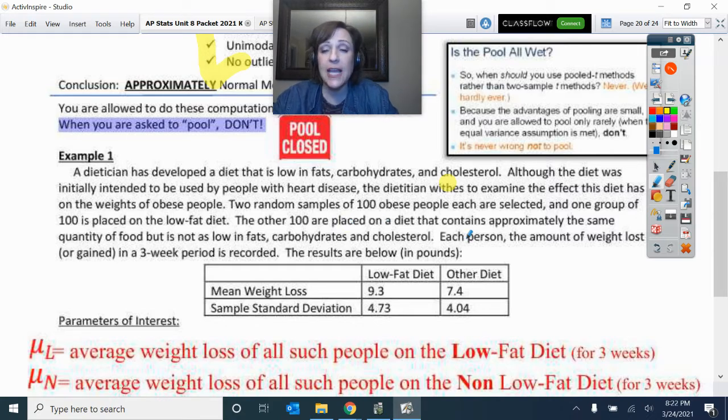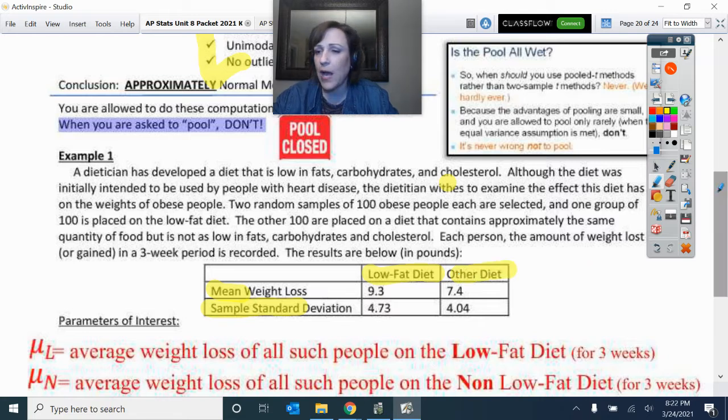Each person's weight lost or gained in a 3-week period is recorded, and here are the results. Here's the average, and here's the standard deviation, for the two different treatment groups: the low-fat diet and the other.